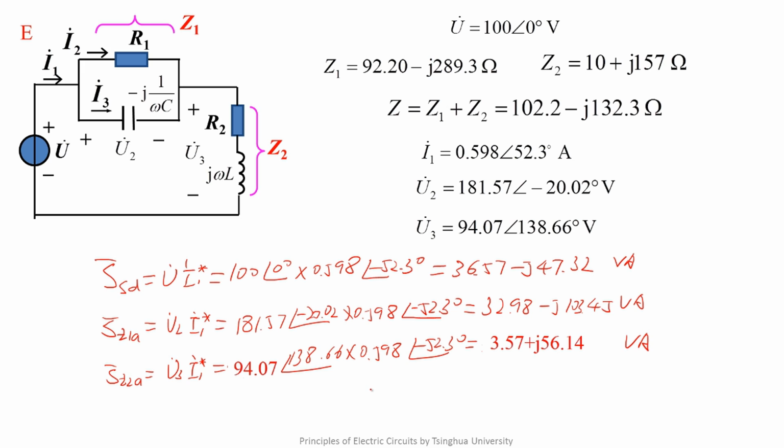Through numerical comparison, we can find that, so we verify the conservation of complex power, that is the conservation of the active power and the conservation of the reactive power. Well, that's the end of introduction to the power under SSS.